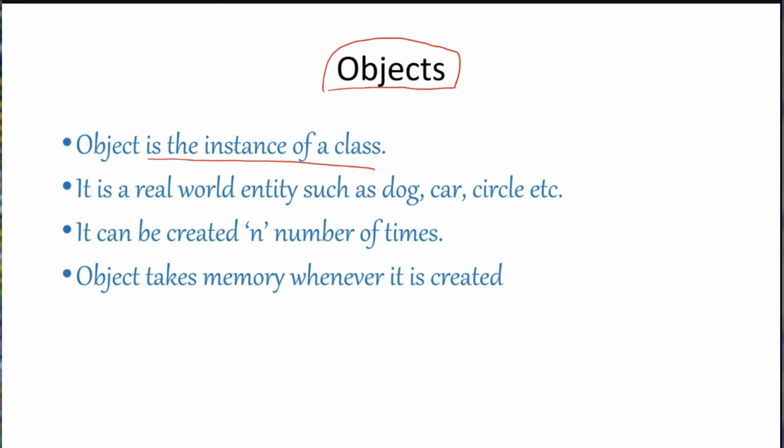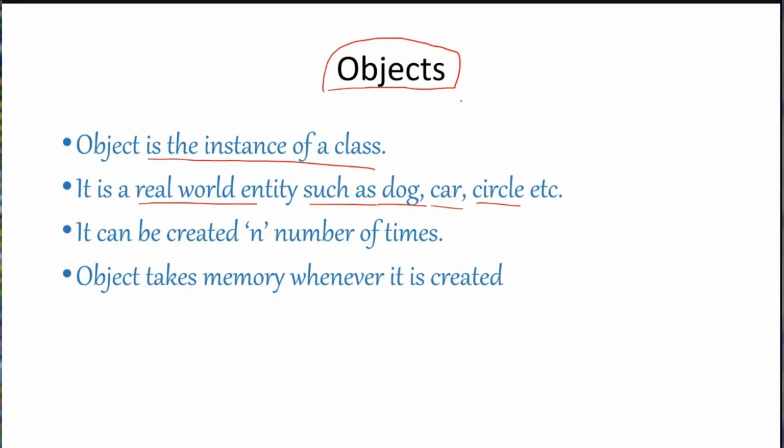What is the meaning of instance? I'll tell you. It is a real world entity such as a dog, a car, or even a circle. It can be created n number of times. So once the class is made, you can create n number of objects, because they are the instances and they are the real world objects.